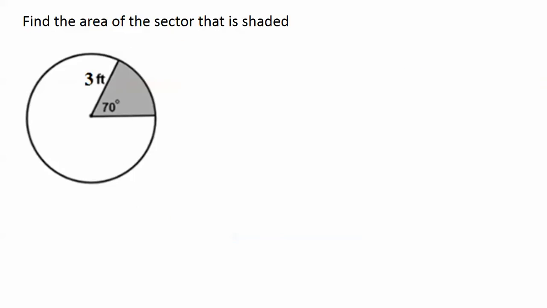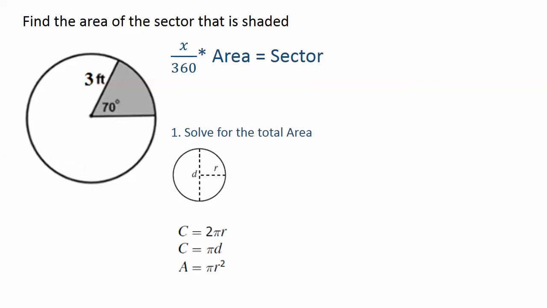Now let's find the area of the sector that is shaded. I know that x out of 360 degrees times my area, that's the total area, will equal the area of my sector. So first, let's solve for the total area.